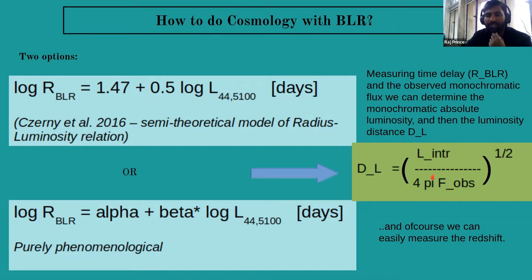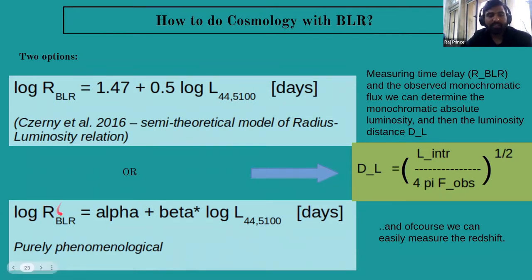From the observation we know the observed flux, so we can estimate the luminosity distance of the source. Since we are studying the emission lines, we can easily measure the redshift from them. So if you have the redshift and the luminosity distance, we can make the Hubble diagram for these sources, and by using the Hubble diagram we can further estimate H naught.